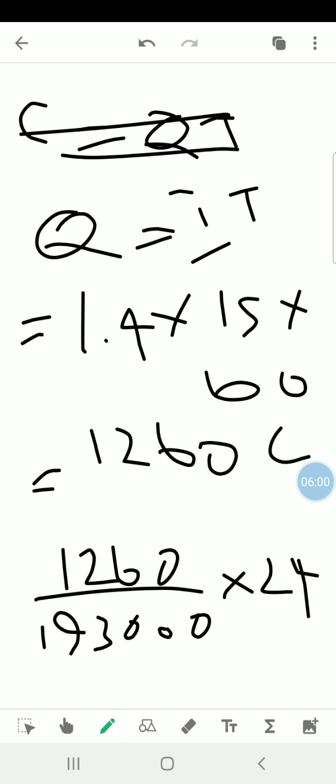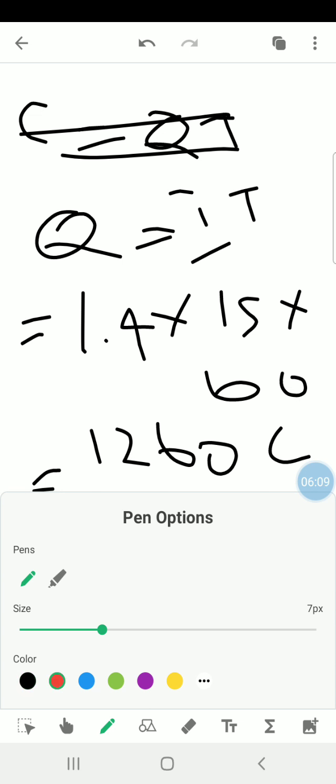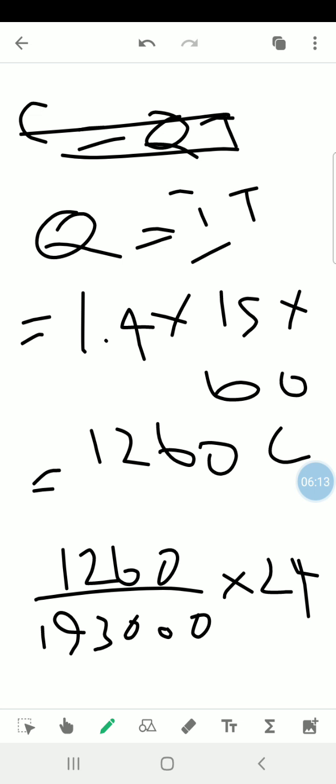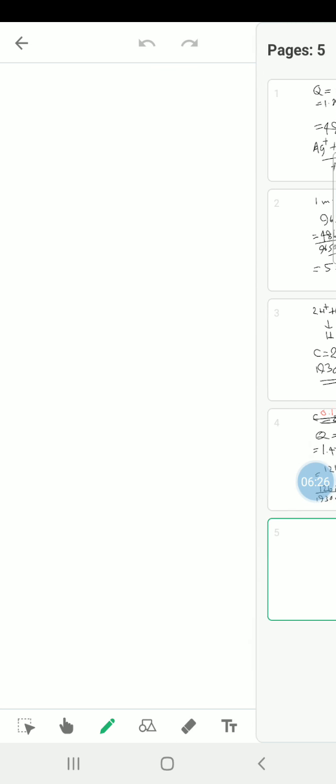Then how much would you get in 1260? Then your answer would come as 0.157 cubic decimeters. I will write it here. 0.157 cubic decimeters is the answer. I hope you understood. Let's move to question number 7.